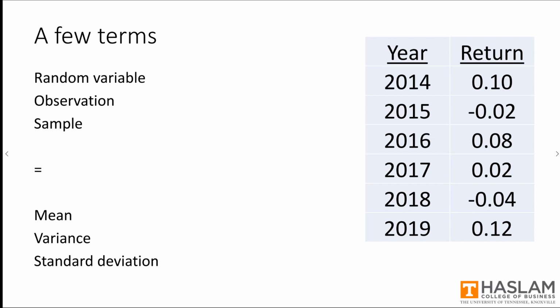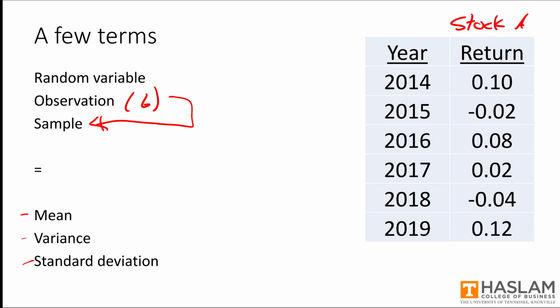Let's label this stock return as the return for stock A, and recognize that we've got 6 realizations of the random variable, that is 6 observations, and they come together to form a sample. We use that sample to calculate the mean, the variance, and the standard deviation.